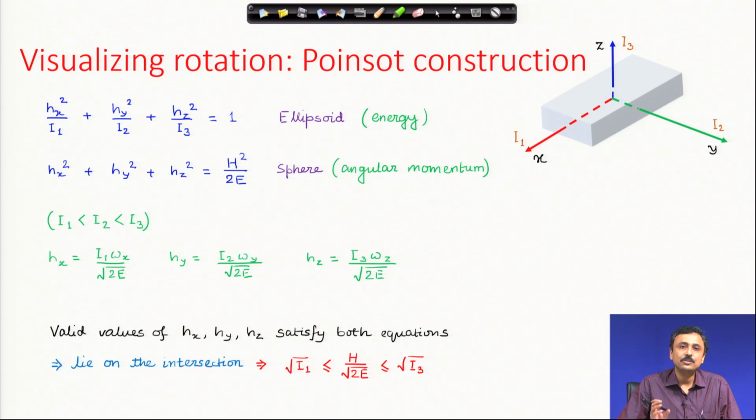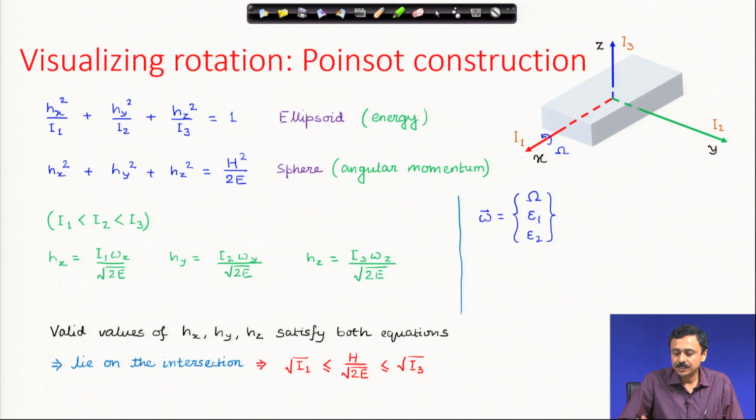The radius of the sphere must be greater than the lowest semi axis and smaller than the largest semi axis. Only then is intersection possible. If the radius of the sphere lies outside this region, then either the sphere will enclose the whole ellipsoid, or the ellipsoid will enclose the whole sphere. There will not be an intersection, and then there are no valid values of h x, h y, h z.